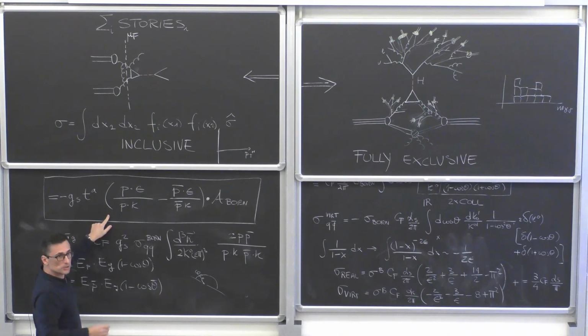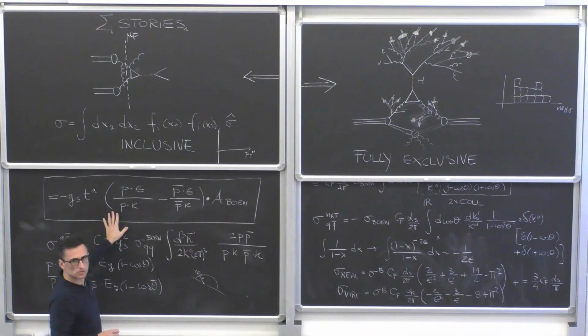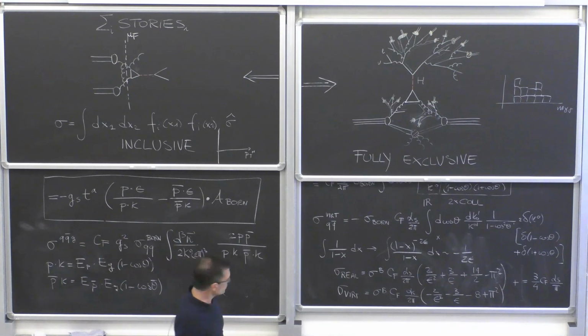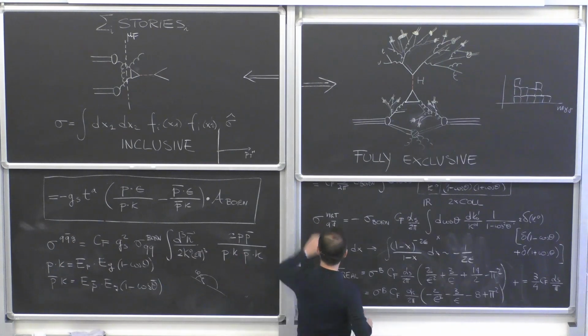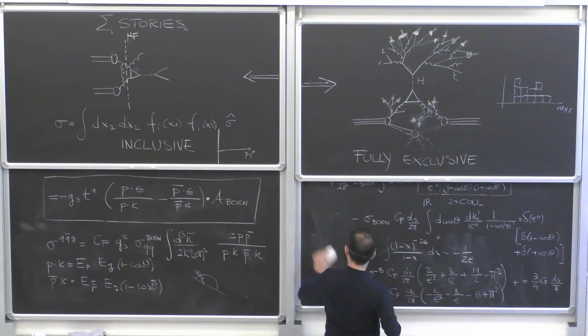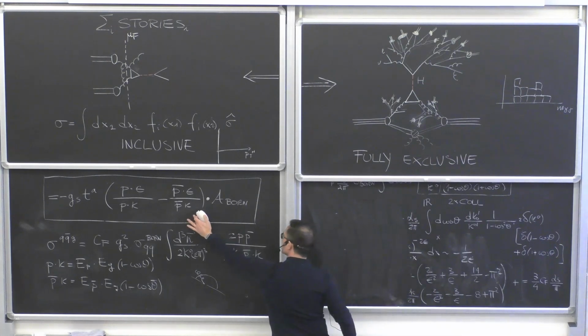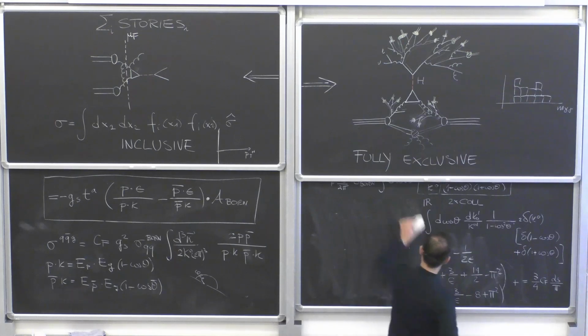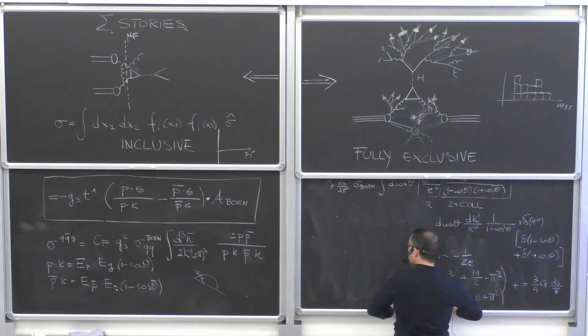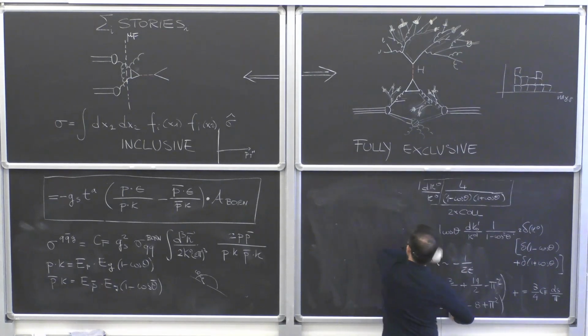I learned that in the limit where the radiation is soft, I don't have to do any computation, really, because my amplitude factorizes in this way. So it turns out that this is true, and this term here depends only on what particles you have in the final state.